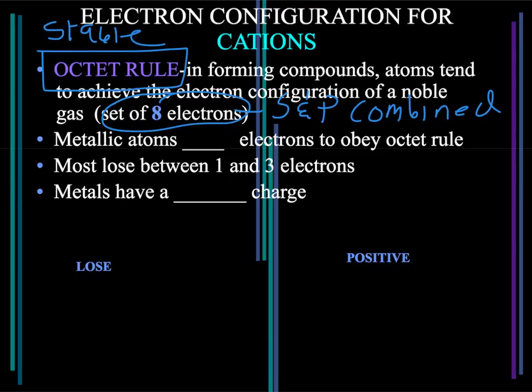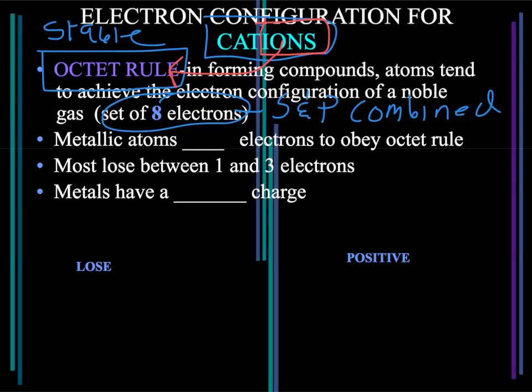So next we're going to talk about these things called cations. So anytime something forms an ion, again there we see that ion again, anytime you see something forming an ion, it's because it's trying to achieve the octet rule. Okay?